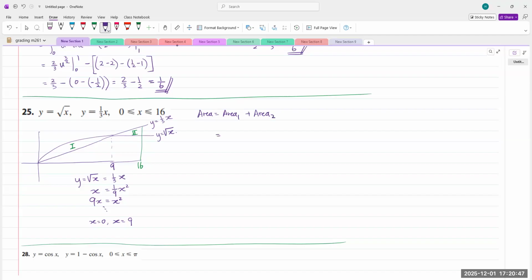That is integral from 0 to 9, the upper function is square root of x, the lower function is 1/3 x, dx, plus region 2, the area from 9 to 16. The upper function is 1/3 x minus the lower function square root of x. So remember, you always set it up, sketch the graph first.